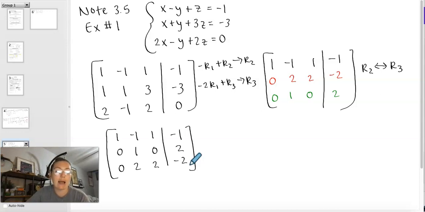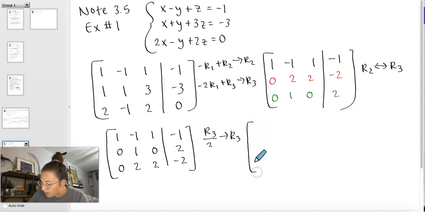Alright. I'm just going to take care of this now, just because I see it and it's going to bother me. Notice row 3 is now 2, 2, and negative 2, so just to make our lives easier, let's divide out the 2 and simplify that. So row 3 is going to get divided by 2, and we're going to replace row 3, just to make it prettier.